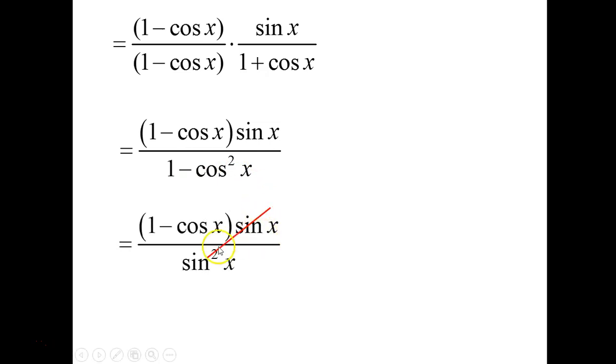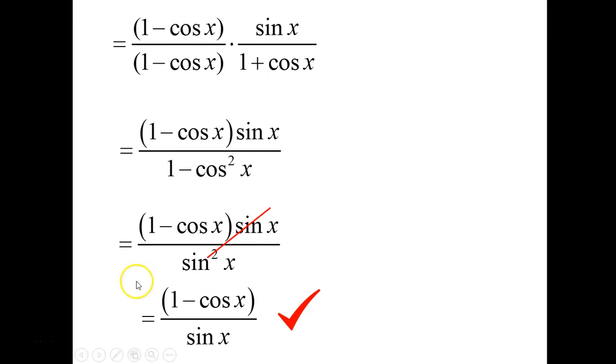And then I'm going to reduce one of these sines on the bottom with the sine on the top, giving me 1 minus cosine over sine, which is what I was trying to prove. So we started on the left side, followed those techniques I gave you earlier, and found that it did in fact equal the right side.